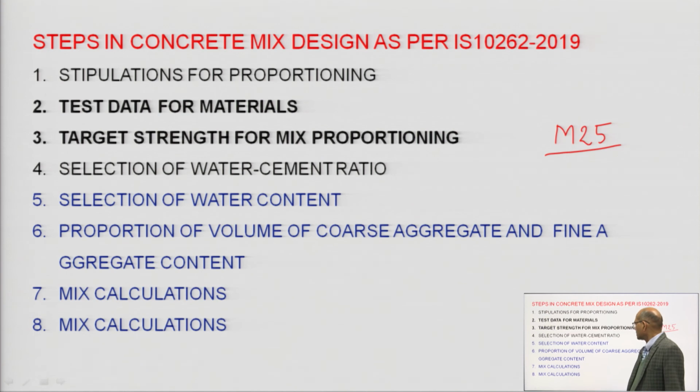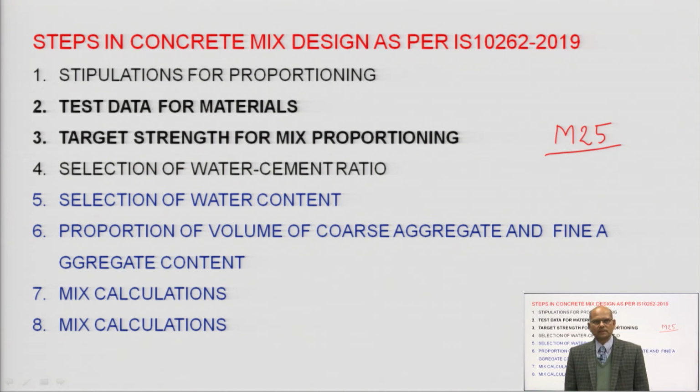Then we have selection of water content: what should be the total amount of water in 1 meter cube of concrete. Then proportion of volume of coarse aggregate and fine aggregate. Then we have to do the mix calculation.